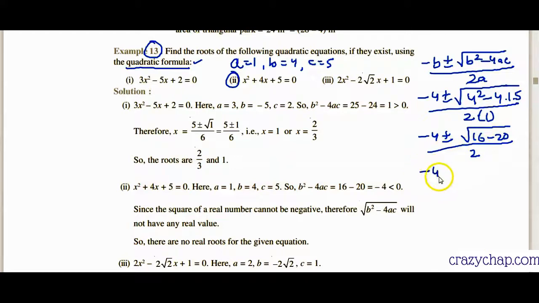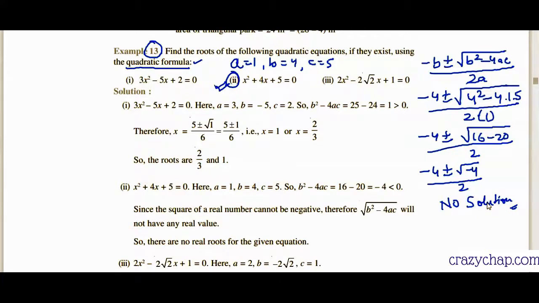and we get minus 4 plus minus square root of negative 4 over 2, and we can see here in the square root we have got a negative value, so it means there are no solutions for this equation. Okay, please don't misunderstand, when I said no solution it does not mean we cannot solve it.